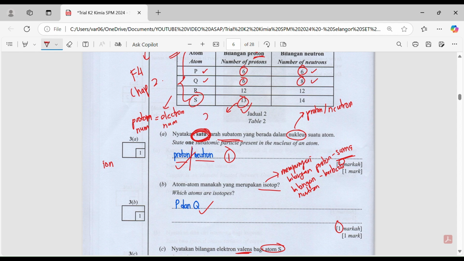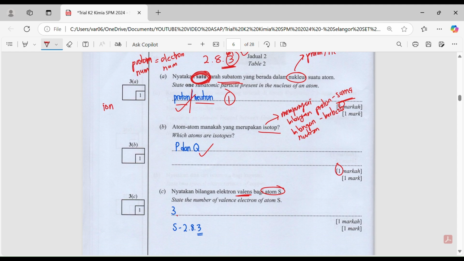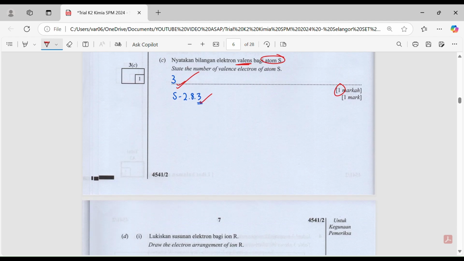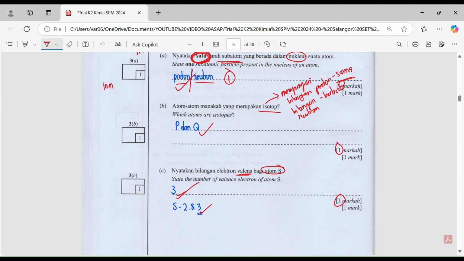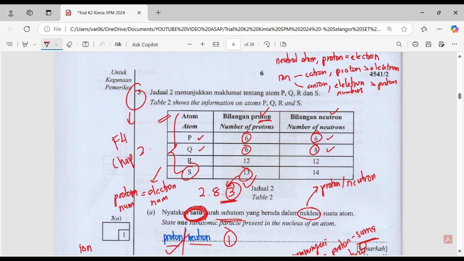So write it in the form of electron configuration 2.8.3. There you go, your electron valence 3. Okay, alright. Easy 1 mark there. Next. Lukiskan susunan elektron bagi ion R. Remember ion R. Okay.